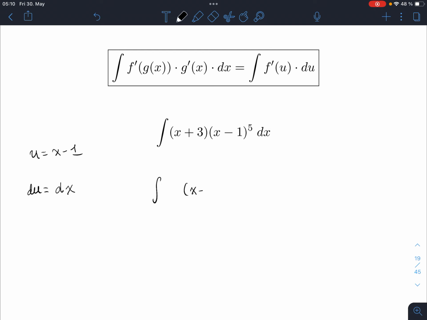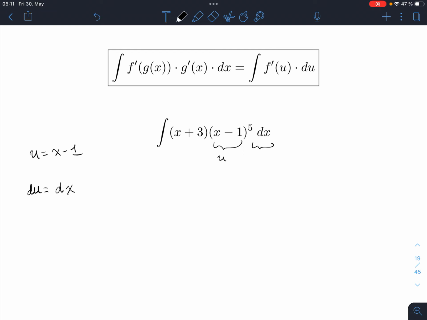So if our problem were something instead like x minus 1 to the fifth times dx times some constant, like 3 or something like that, then we could really easily do U-substitution. But that's not what we have. We have this extra x plus 3 floating around, so we have to talk about what we're going to do with that.